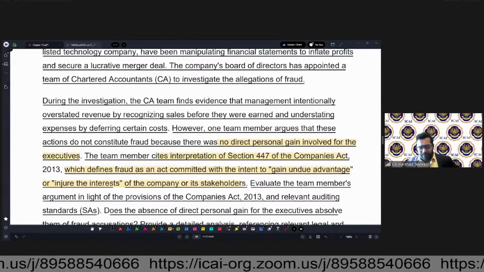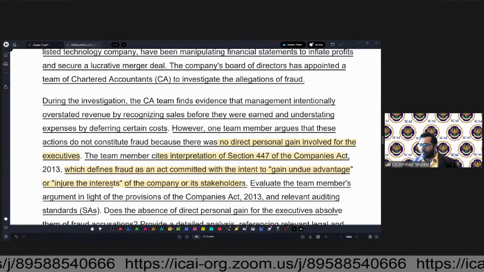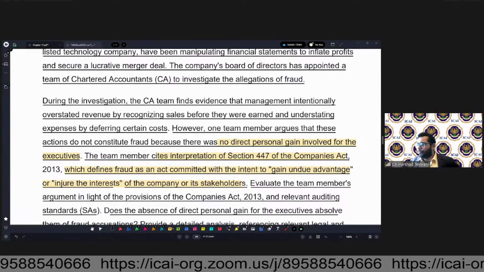Even if you see the definition in Section 447, in the explanation you have a definition of fraud.